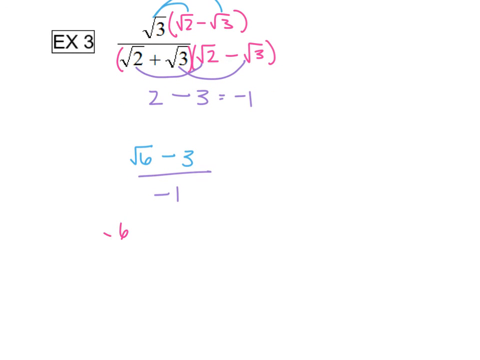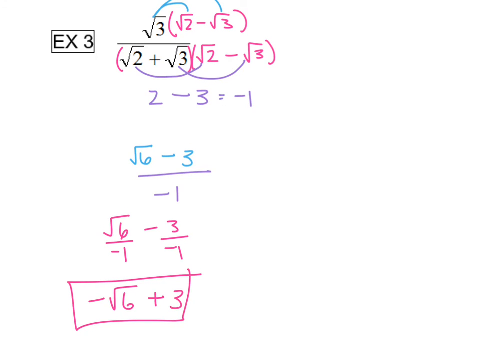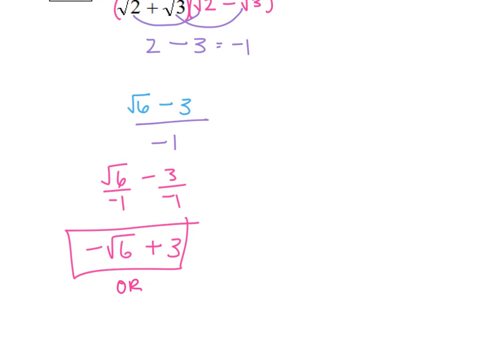This is really square root of 6 over negative 1 minus 3 over a negative 1, or a negative square root of 6 plus 3. So we can take this answer, or you could do 3 minus the square root of 6.